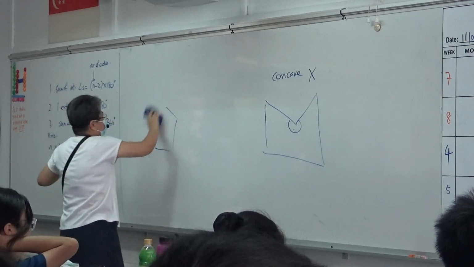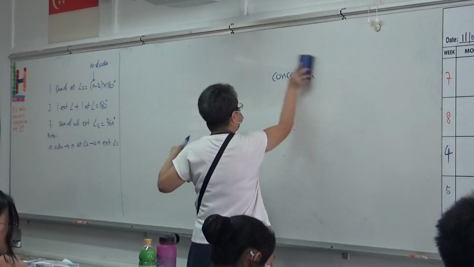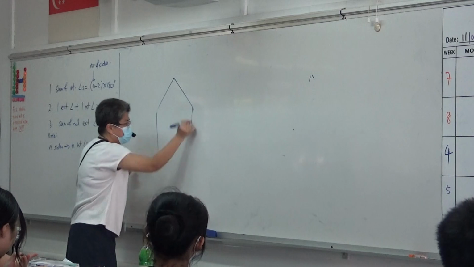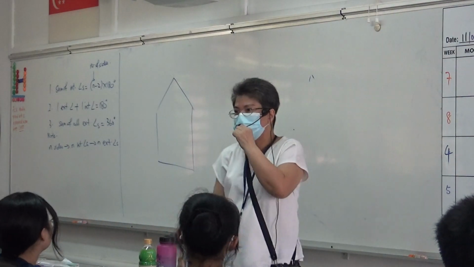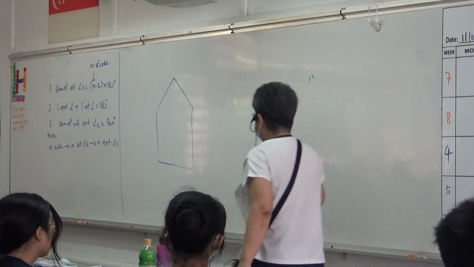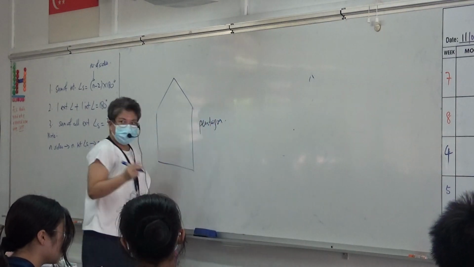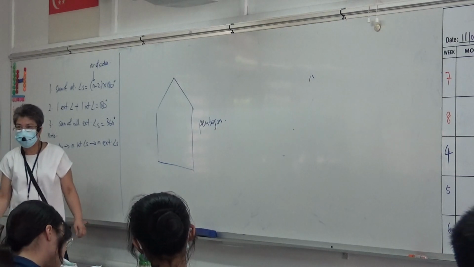Okay? Then let me introduce one term to you. Can you tell me what's the name of this polygon? 5 sides, so? Pentagon. Okay, good. Now, if it is a pentagon, it just means that you got 5 sides, right? Yes.